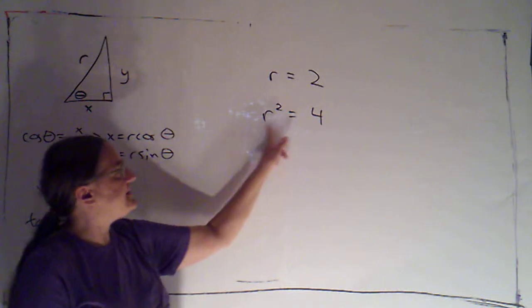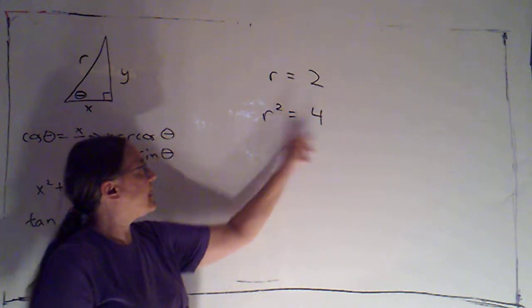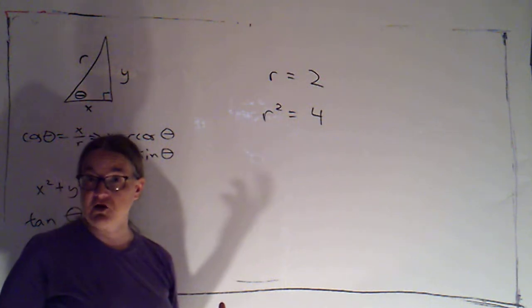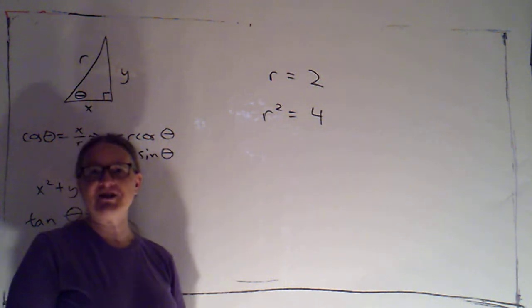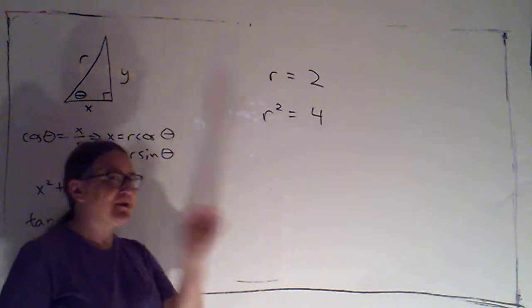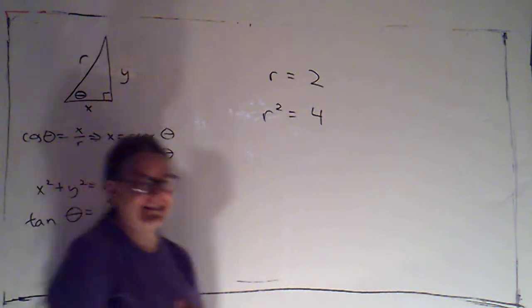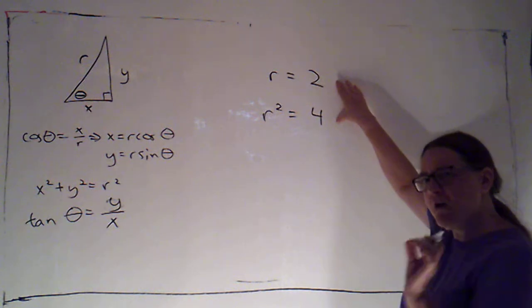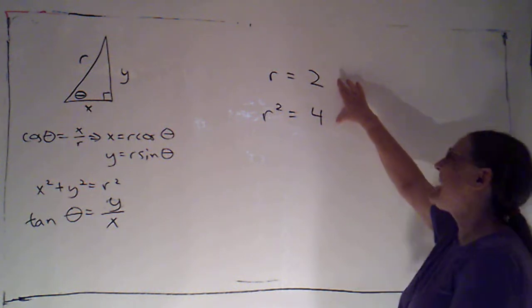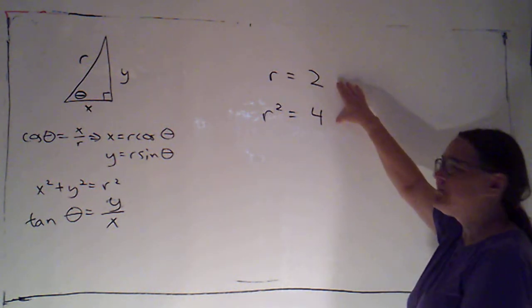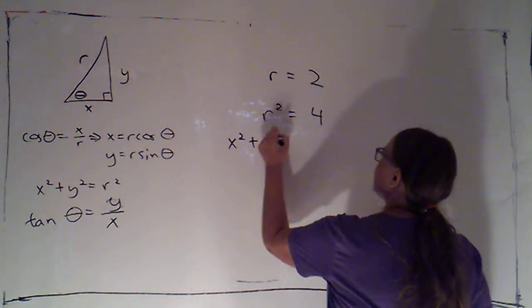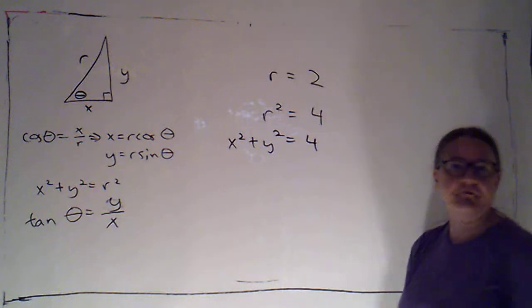However, while this did introduce an additional algebraic solution, r could equal plus or minus 2, graphically it didn't change, because the graph of r equals negative 2 is exactly the same circle as r equals 2. So these two equations, even though they have different algebraic solutions, have exactly the same graph. But now I can replace r squared with x squared plus y squared is equal to 4.